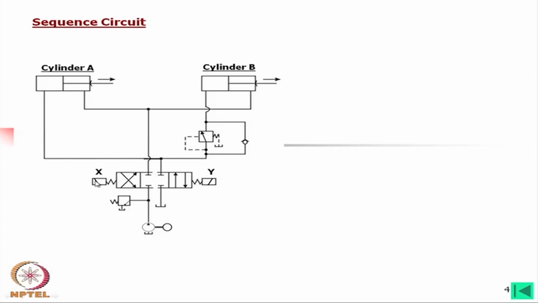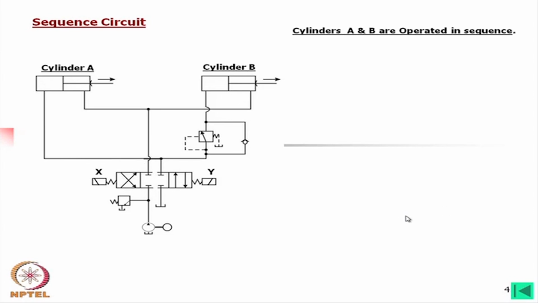We have solenoids on both sides, and springs on both sides, which means it is spring centered. Now, with the straight connection, when we are on the right side, the pump is connected to both cylinder rod end sides, whereas with the cross connection, the pump will be connected to the other side, that means the piston side. Okay.